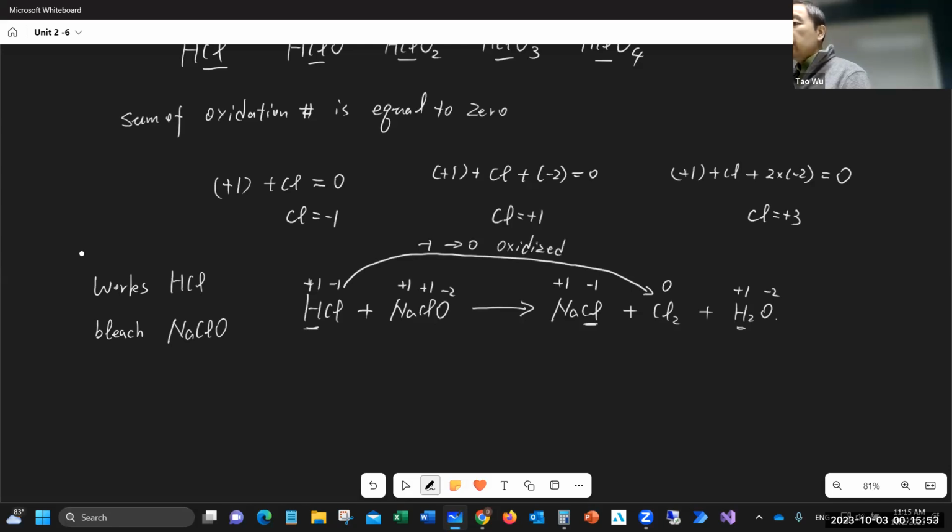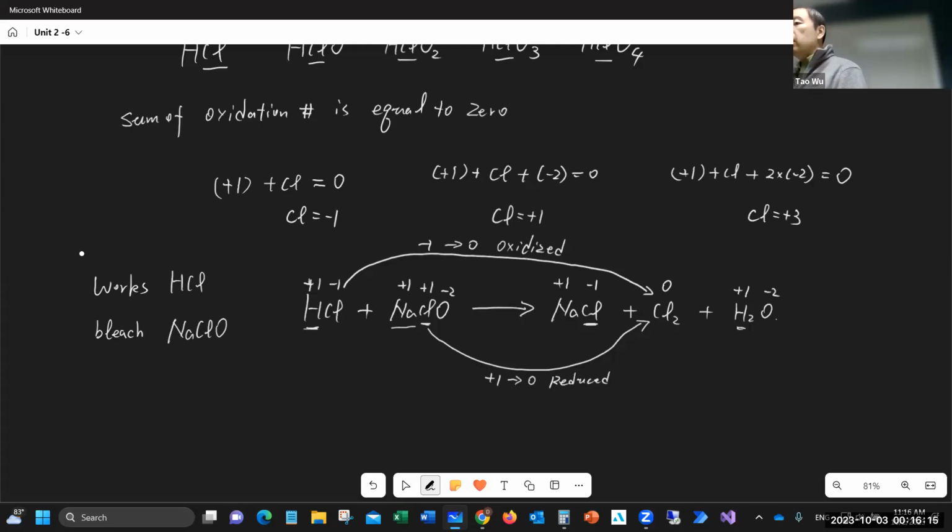And sodium didn't do anything. Sodium +1 is still +1, so it didn't do anything. This chlorine goes from +1 and decreases to 0, so this one got reduced. Oxygen didn't do anything.